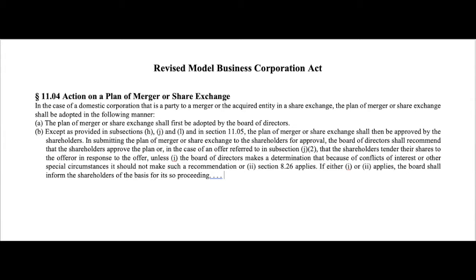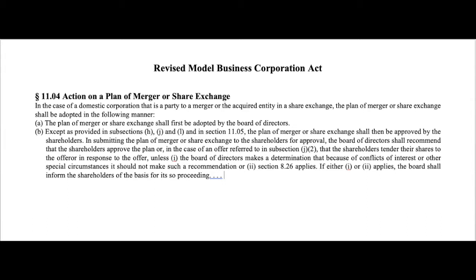We're told that, first of all, the plan of merger or share exchange shall be adopted by the board of directors. Now, the plan of merger or share exchange is an agreement that is negotiated between the managements of the acquiring firm and the target firm, and both boards have to approve it. Under subsection (b), we're then told that, subject to certain exceptions, which we're going to talk about in detail, the plan of merger or share exchange has to be approved by the shareholders.